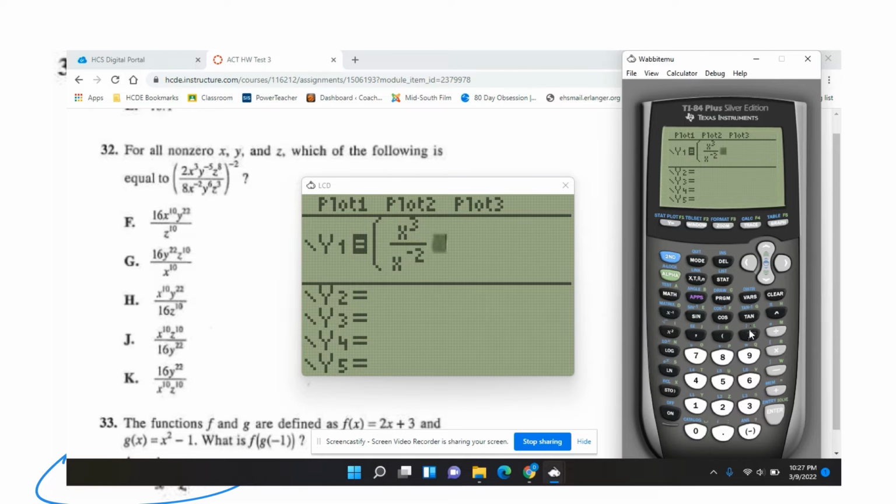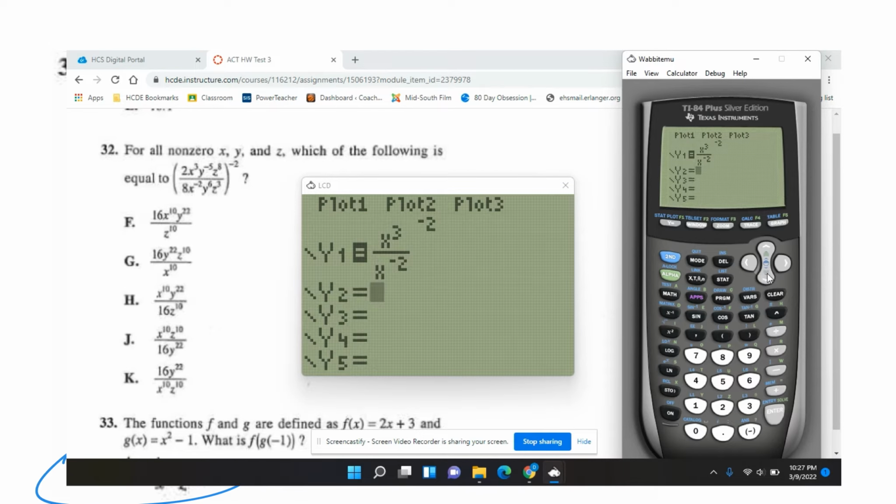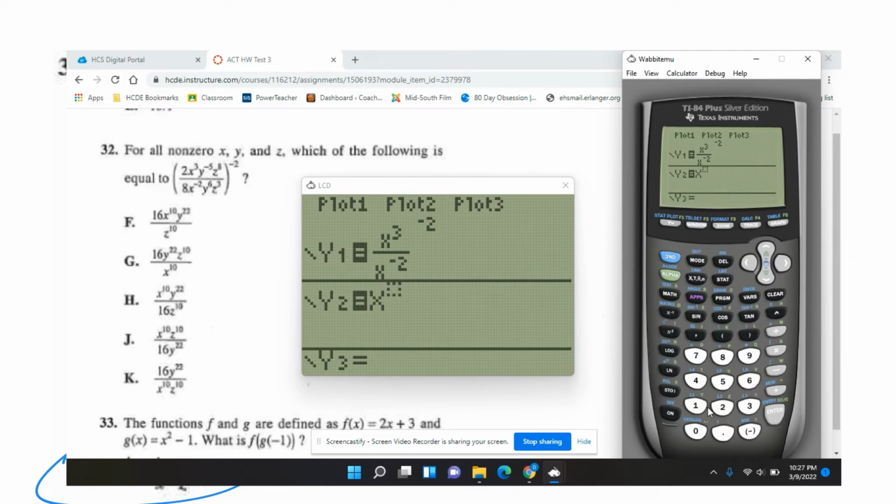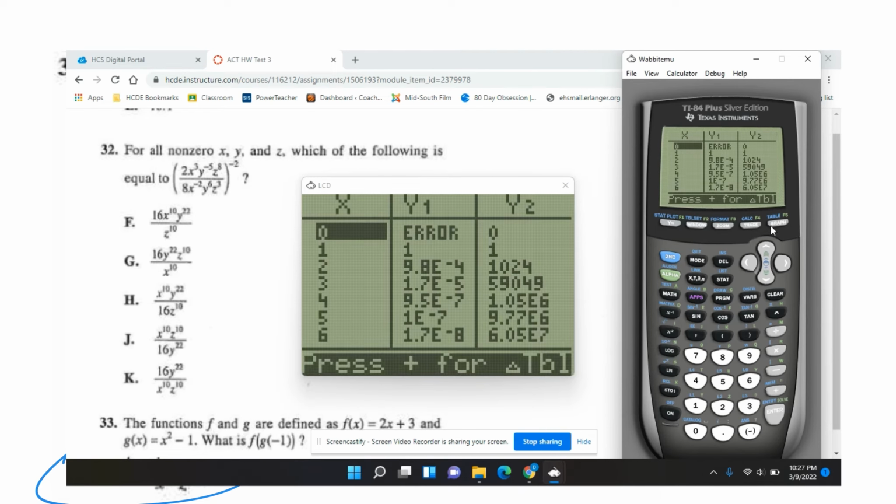What I'm going to do is set this up exactly like the last one, and I'm going to take it to the negative 2 power. And what I'm interested in is, is this equal to x to the 10th power? The reason why I chose x to the 10th power is because that is what F says. So let's take a look at their tables. So you see the tables are not exactly the same, so F is no longer an answer.